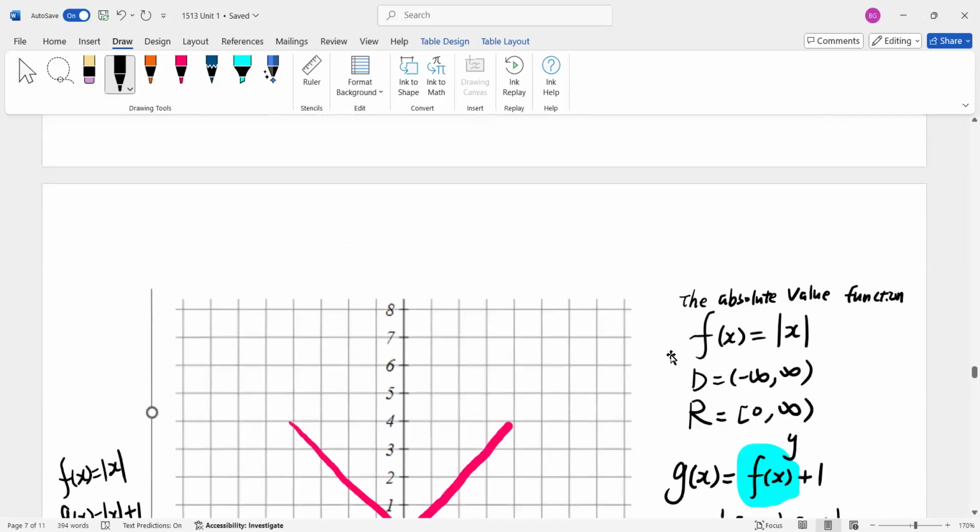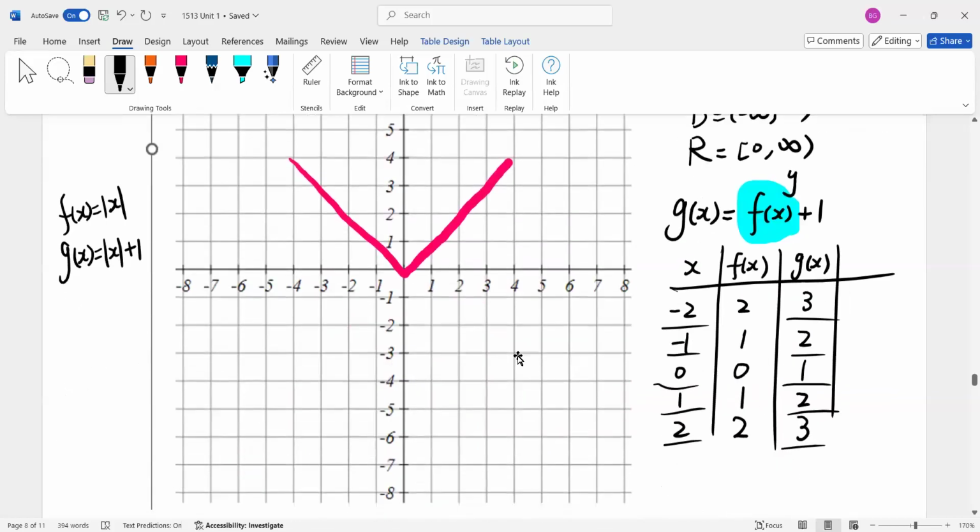So we're going to use the same function to demonstrate the changes. In this case, the daughter function is different. This time, number 3, the daughter function is f of x plus 1, right? So our g of x is absolute value of x plus 1.